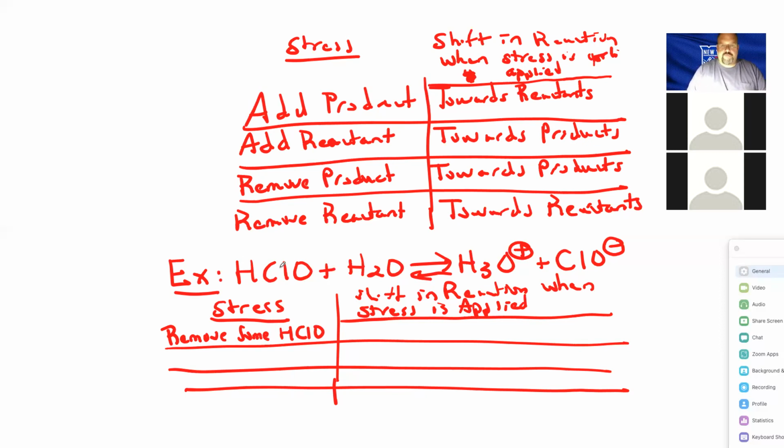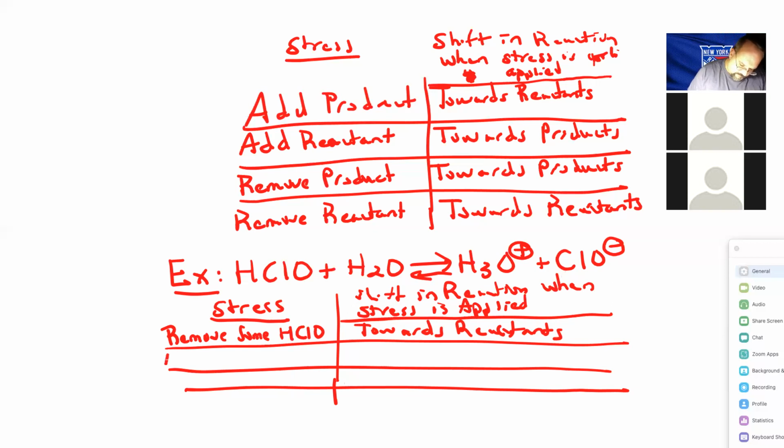What's going to be the shift when the stress is applied? If I'm removing reactant, the reaction is going to shift towards the reactants. Okay, so that would be our first stress.